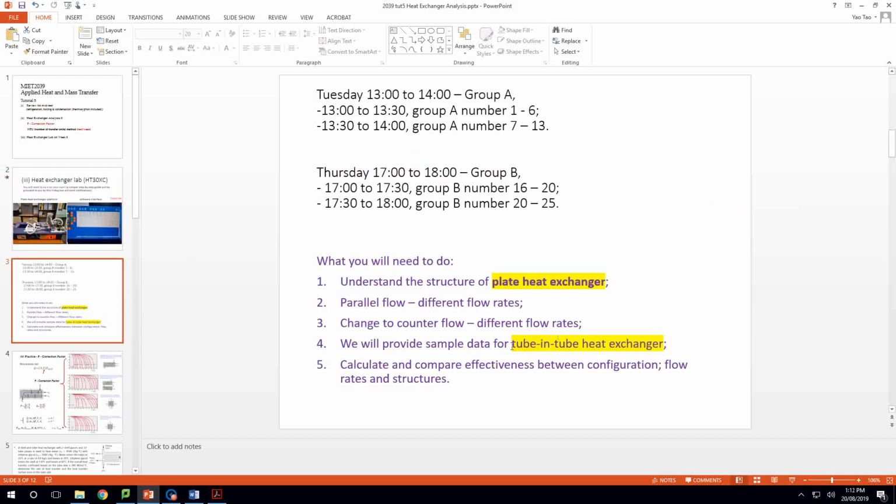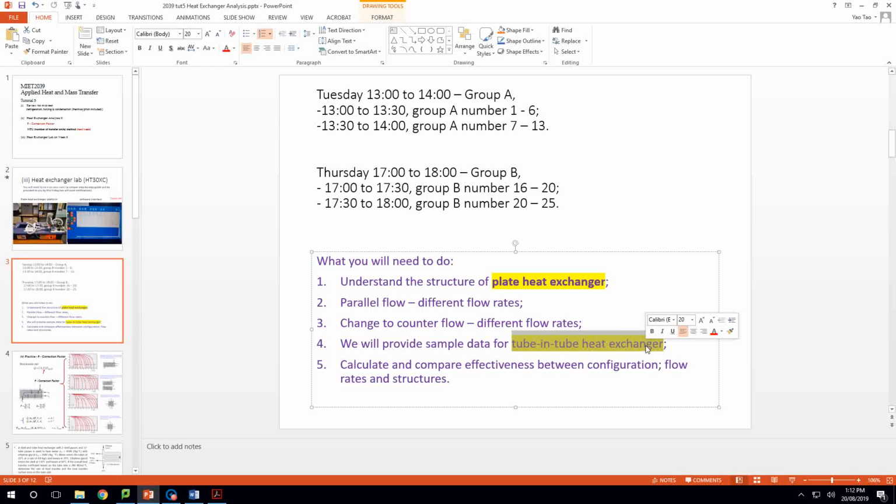So we only provide you some sample data for the tube-in-tube heat exchanger. In that way, your lab report should compare the effectiveness between parallel and counterflow, with changed flow rates according to your measurements, and also different structures, plate or tube-in-tube.